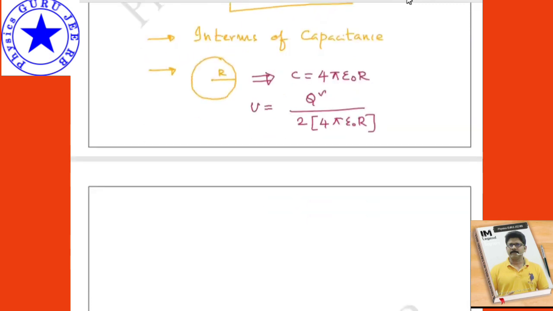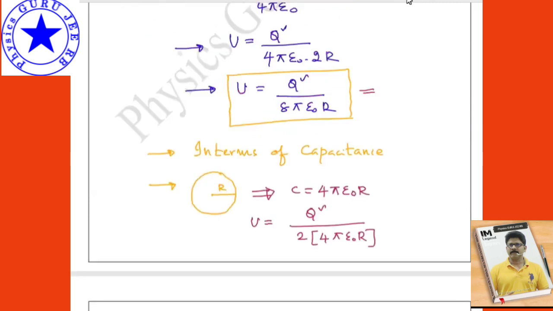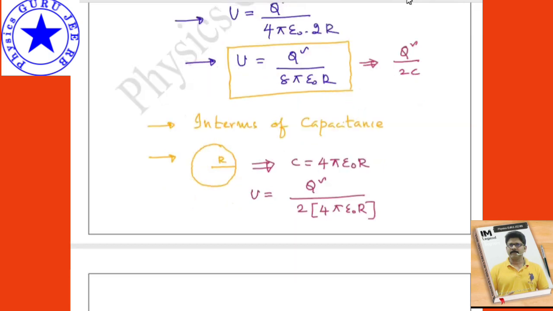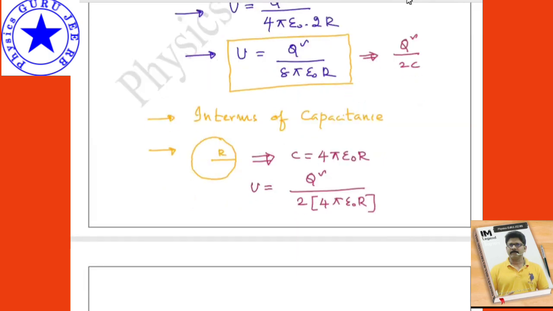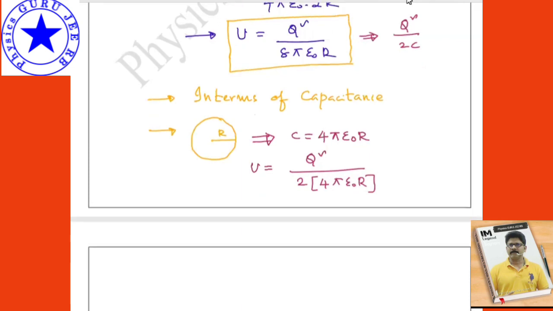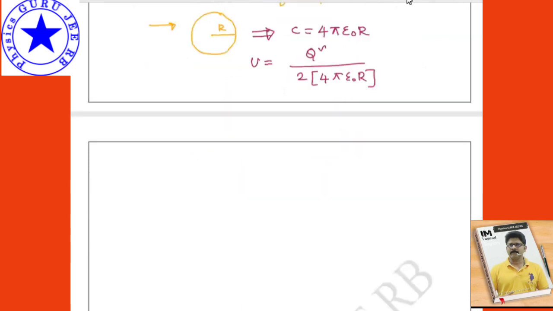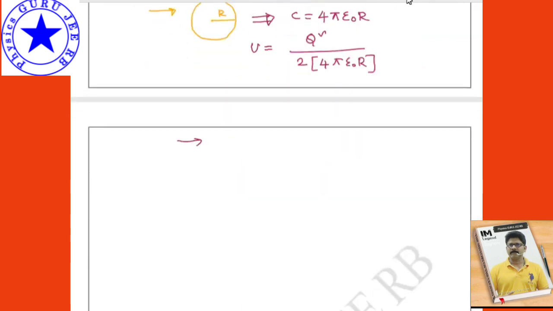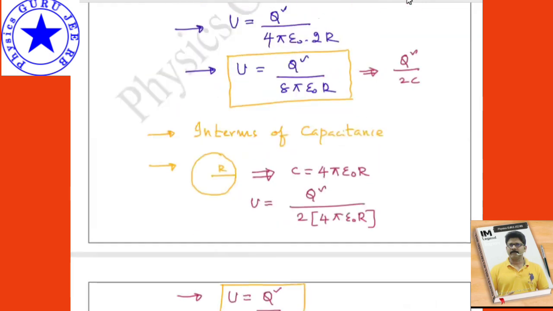So if I substitute here, I get the equation Q square divided by 2C. This is the potential energy stored in the capacitor, or the energy stored in the spherical capacitor, in terms of C. This is applicable for a capacitor. That's nothing but U equal to Q square by 2C. Hope it is clear, this one. So this is equation number 1 we can make. So the first equation is this one, number 1.